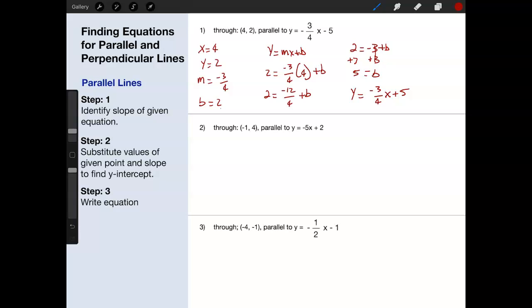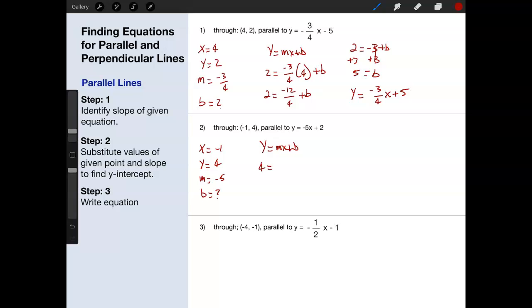For example 2, we go through point (negative 1, 4), parallel to y equals negative 5x plus 2. Our slope here is negative 5. So again, we list our given information: x equals negative 1, y equals 4, our slope, which is m, equals negative 5, and we need to find the y-intercept. Again, we substitute into our equation, y equals mx plus b.